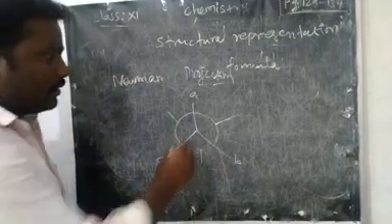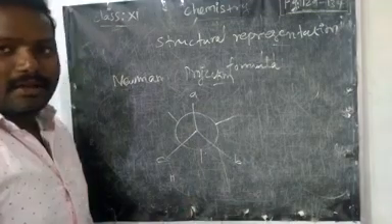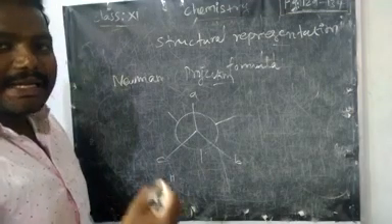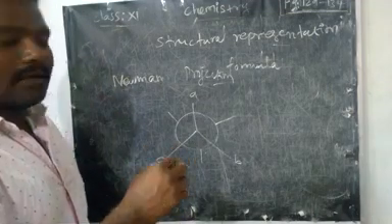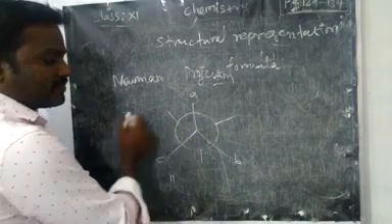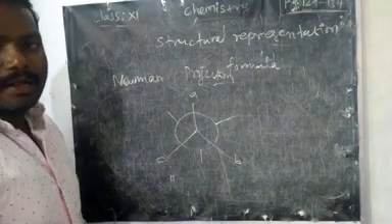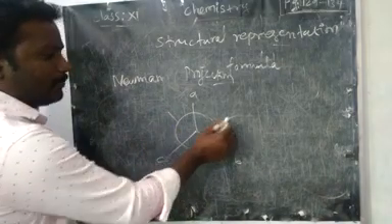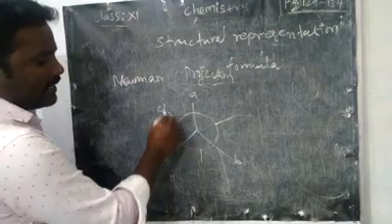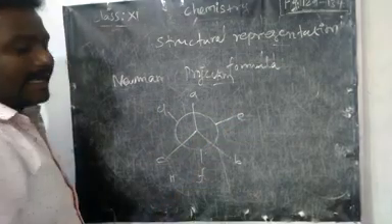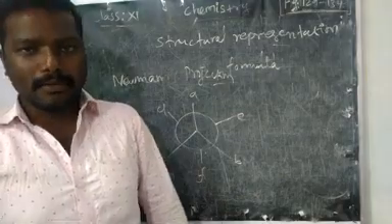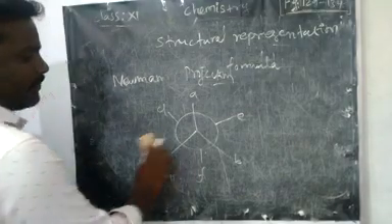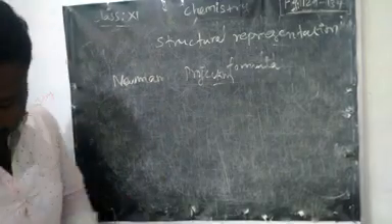The full lines represent the groups connected to the front carbon. Wherever I write from the circumference of the circle, those bonds, D, E, F, are connected to the backside carbon.